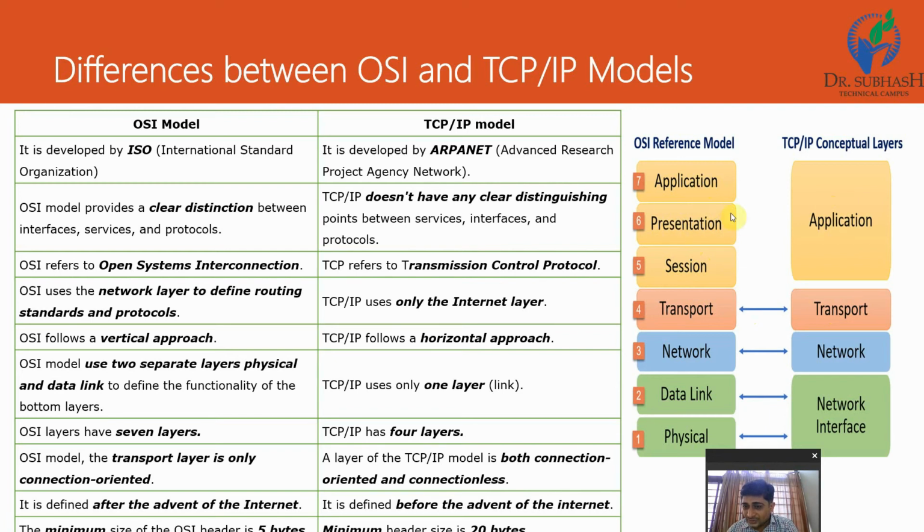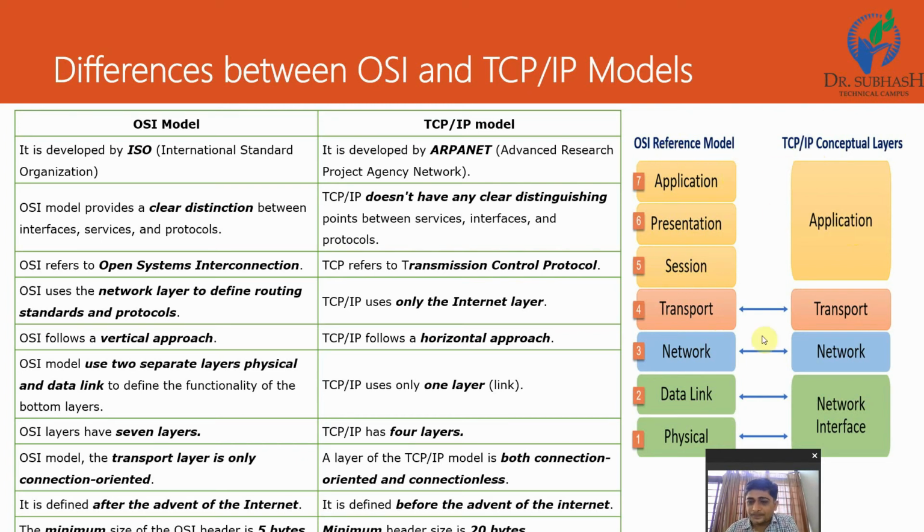So application layer, presentation layer, and session layer, all 3 layers come together, and in the TCP/IP model they create a single layer, and that is application layer. Transport layer works the same, network layer works the same, and data link and physical layer combine in a network interface layer. This is the basic difference between the OSI reference model and the TCP/IP conceptual layers.